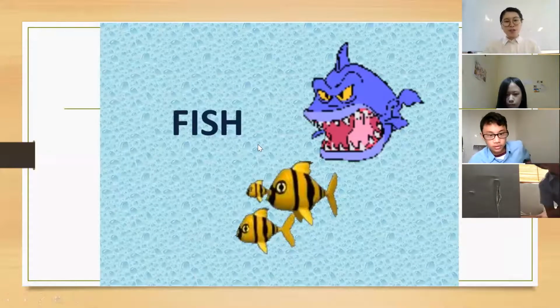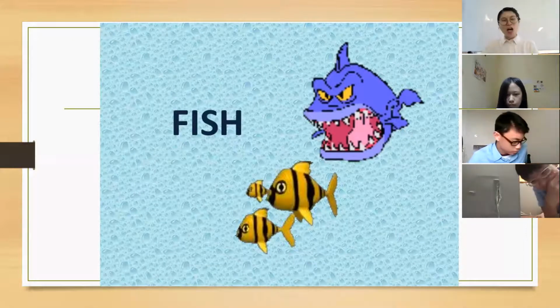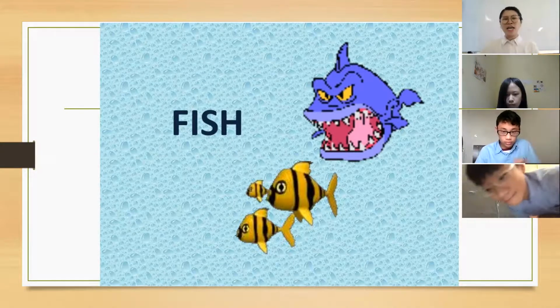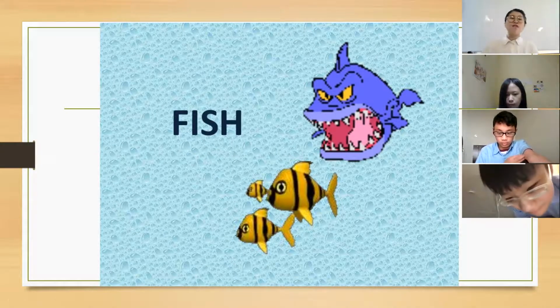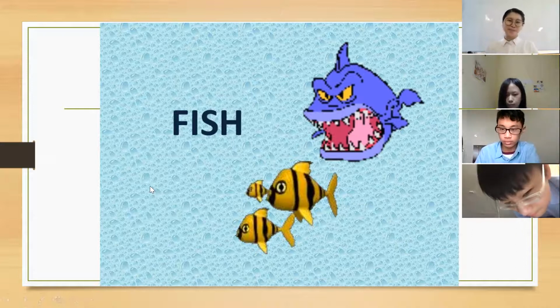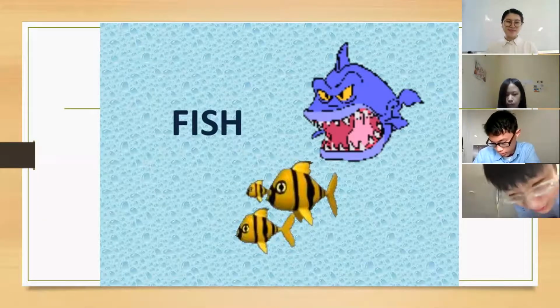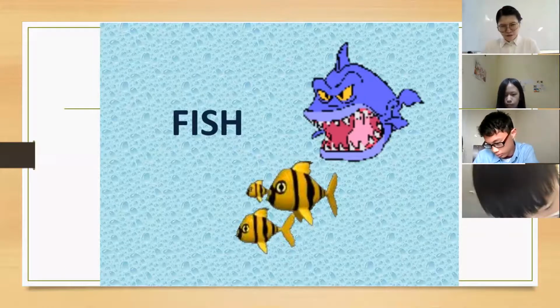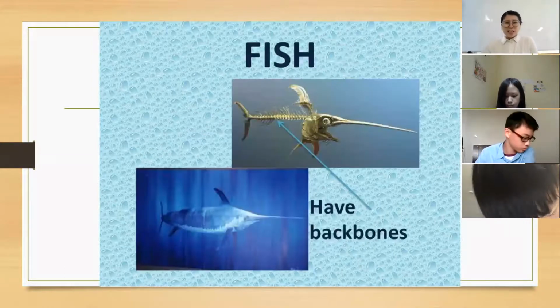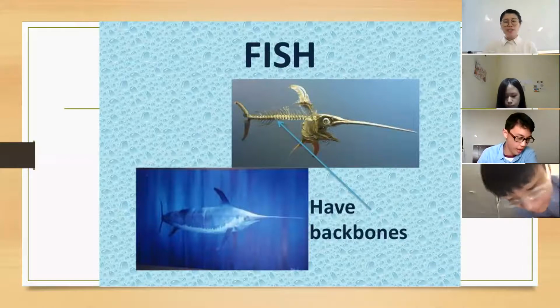Next, let's proceed with the second class of the vertebrates, the fish. Based on your own understanding, what is the characteristic of a fish? Valerich? Fish have gills. Very good. Fish have gills. Of course, fish have backbones.